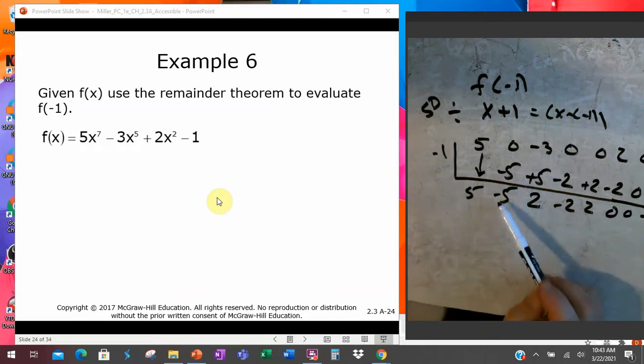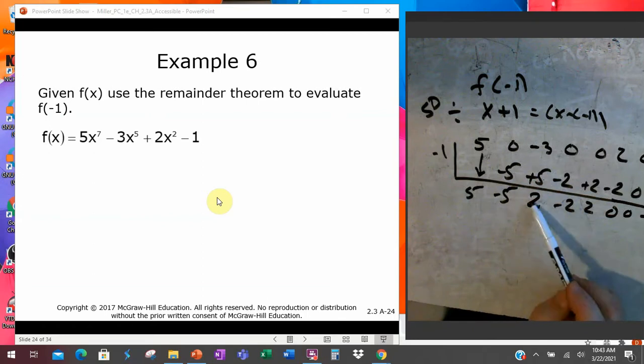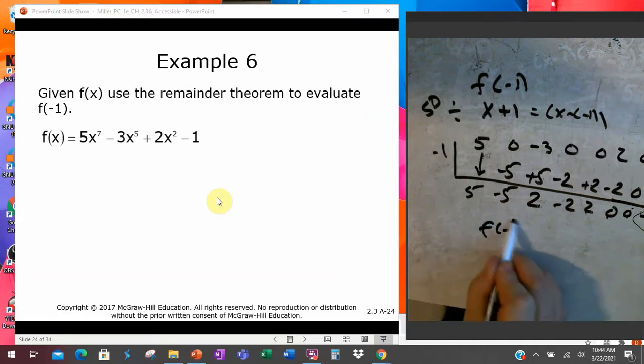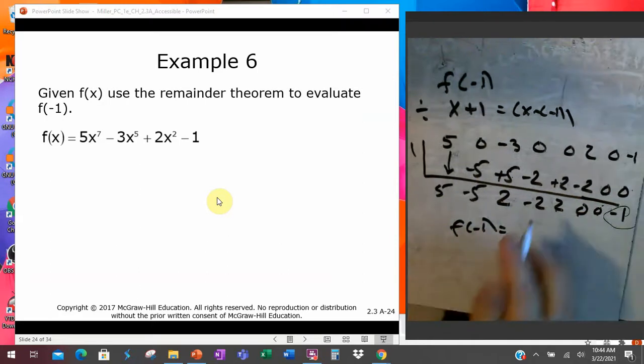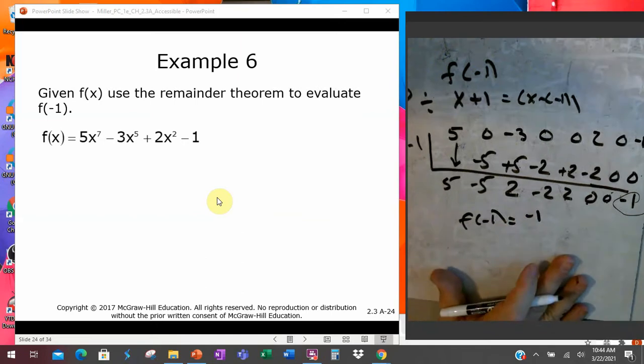So negative 5, negative 1 plus 5, switch it, 2, negative 2, plus 2, negative 2, 0, 0, negative 1 times 0 is 0, so negative 1. Okay, so f of negative 1 is whatever the remainder is, and in this case it's negative 1.